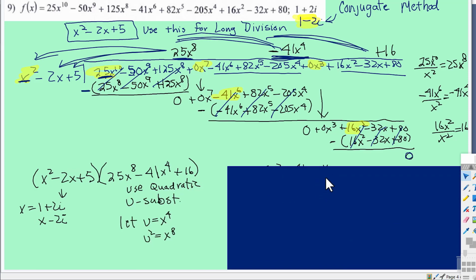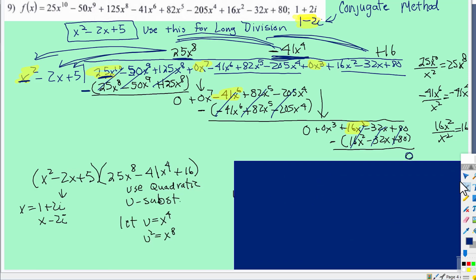So we have the original trinomial, where we got the two complex, whoops, that's supposed to be a 1 right there. The two complex factors, so that's 2 of the 10. And now we're going to take this trinomial, and we're going to use a quadratic, but we're going to use the U-substitution.